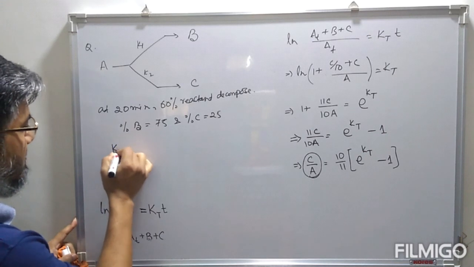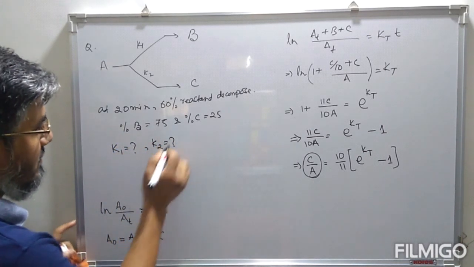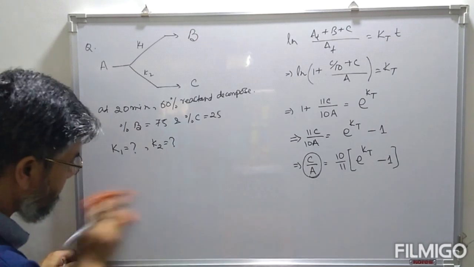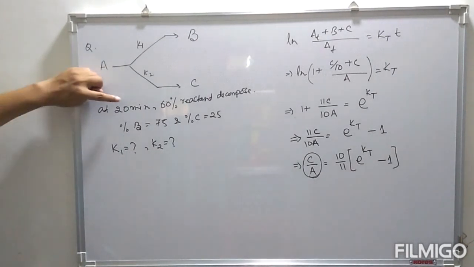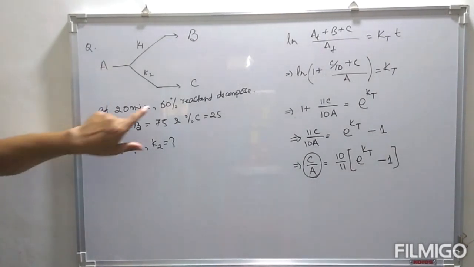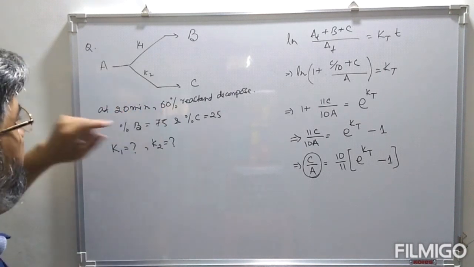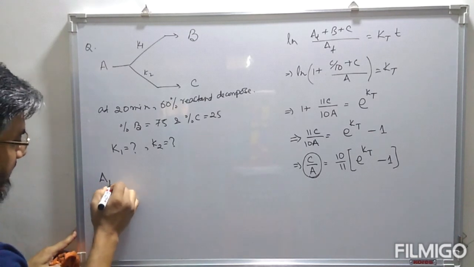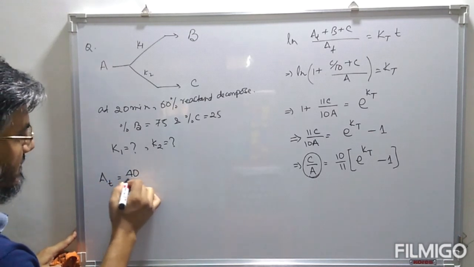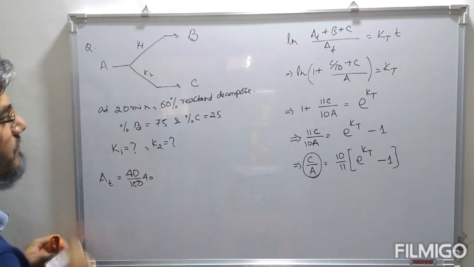Then the question asks what is the value of K1 and K2. Now time is given as 20 minutes. The amount of A reacted is 60%, so the amount of A left is 40% of the initial value.